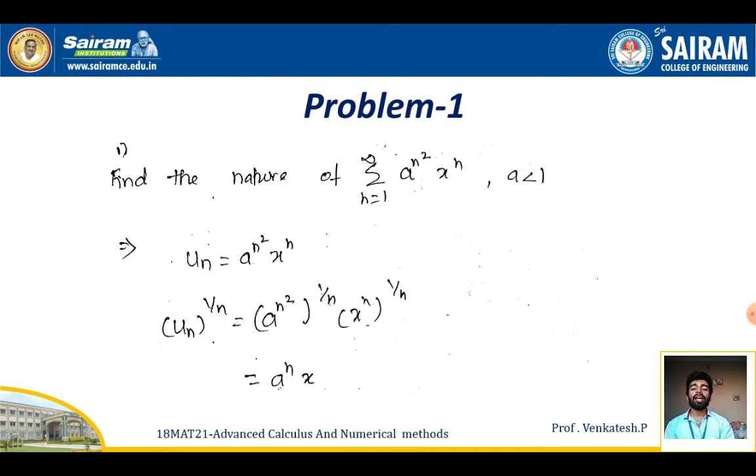In a power n square whole power 1 by n, one n term gets cancelled, and in x power n whole power 1 by n, also one n term gets cancelled. So I got the equation a power n times x.